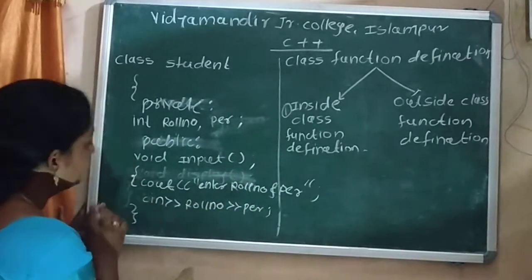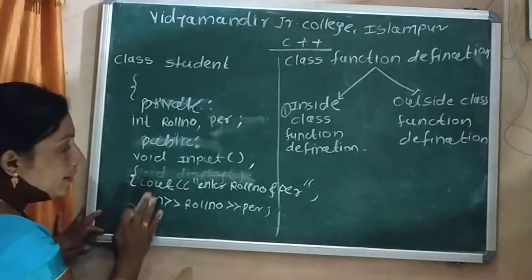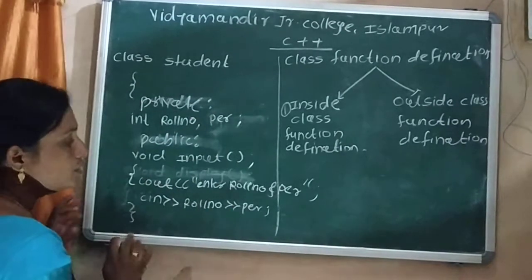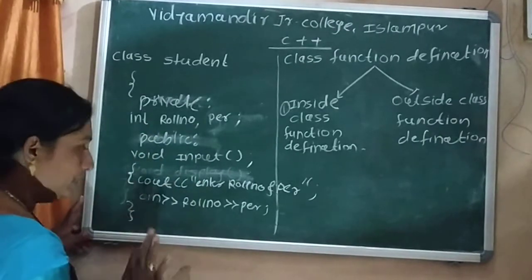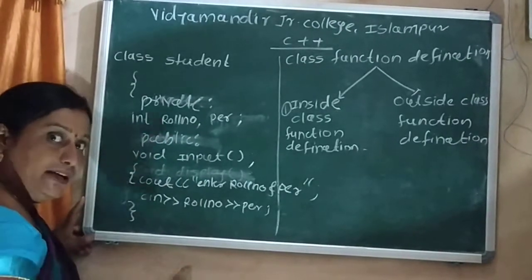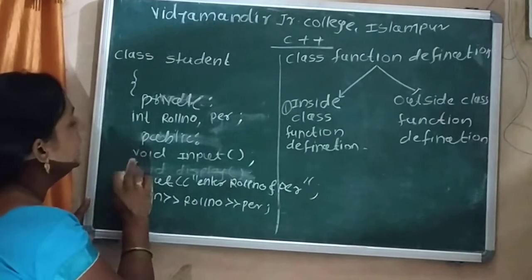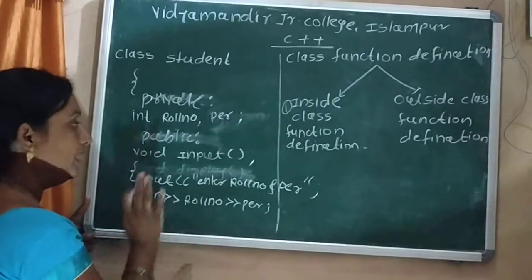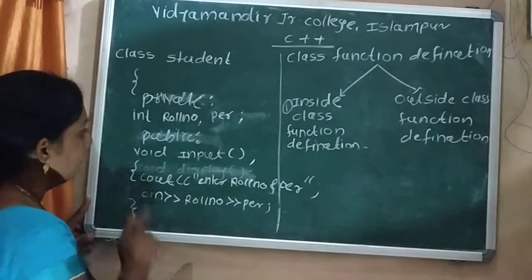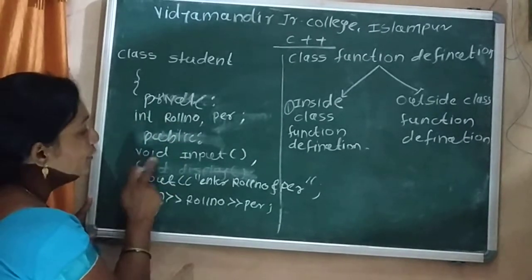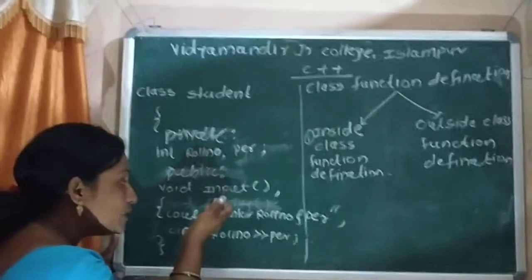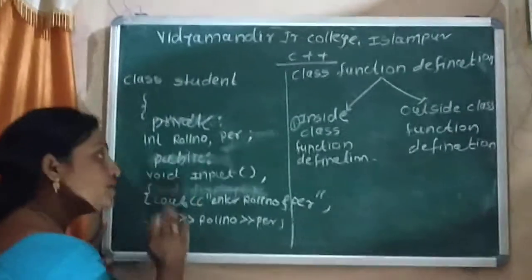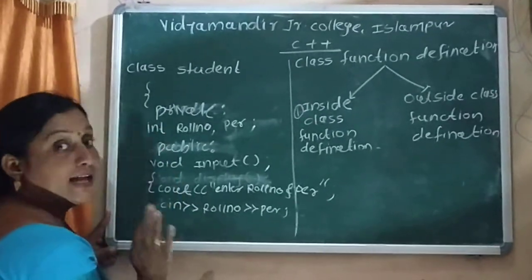Next we use cin, roll number and PER. Next, in the same way we can use another function, that is the display function. If our program contains only one function, for example in this example I use only the input function, then in the public section I declare void input. Then I can also use that function within the class.